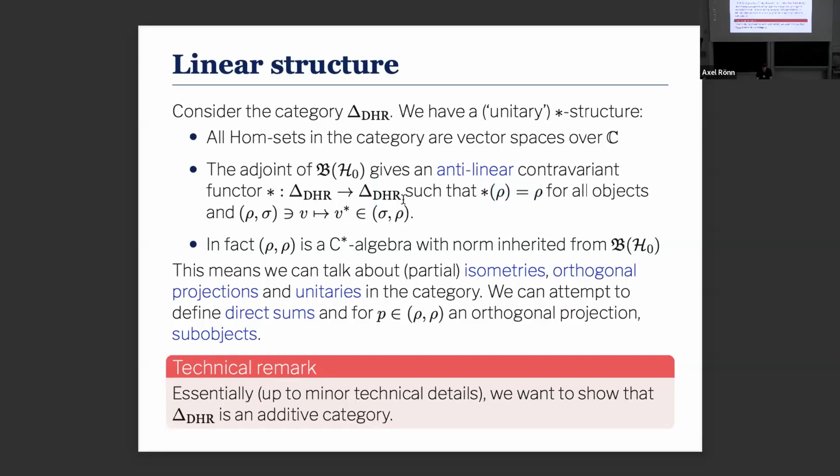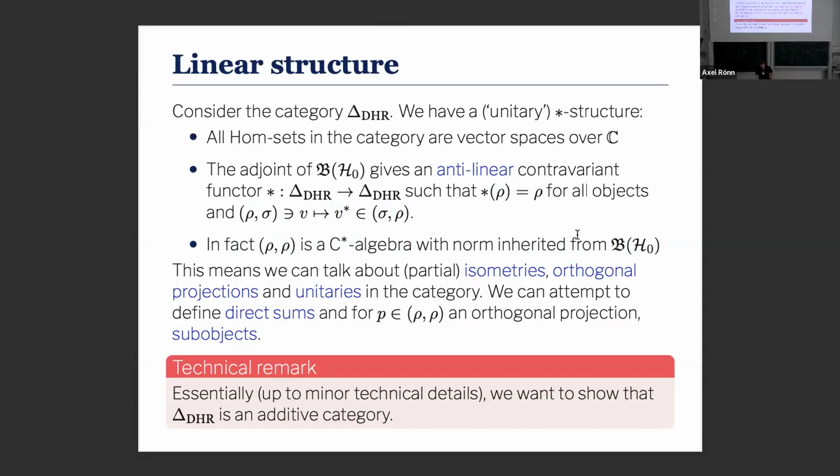It does nothing on objects, and if you have an intertwiner, the star sends it to its adjoint. I already used this in the definition of braiding. And in fact, what you can see is that the set of morphisms from rho to rho is always a C-star algebra with the norm.